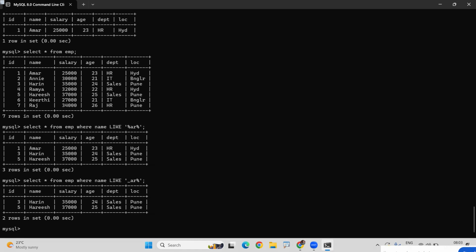See, Amar is skipped because before AR in Amar, 2 characters are there. But in Harin and Harish, initially a single character H is there, followed by any number of characters. It doesn't matter. Got it?